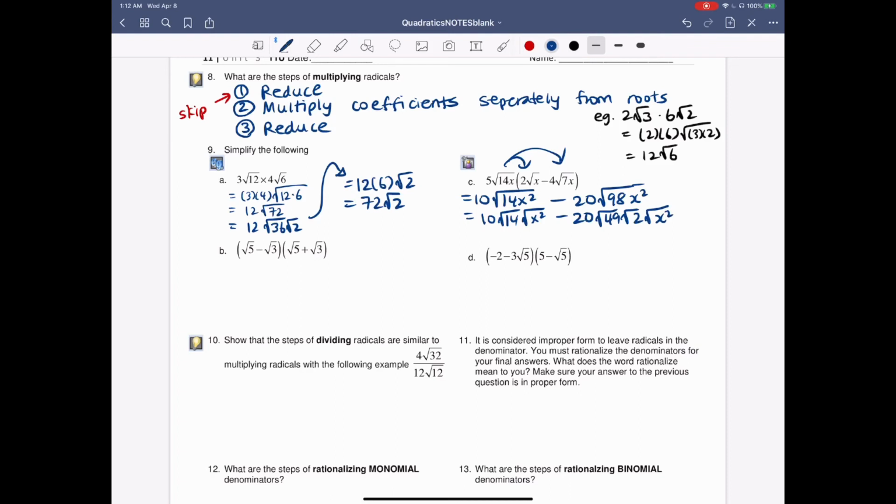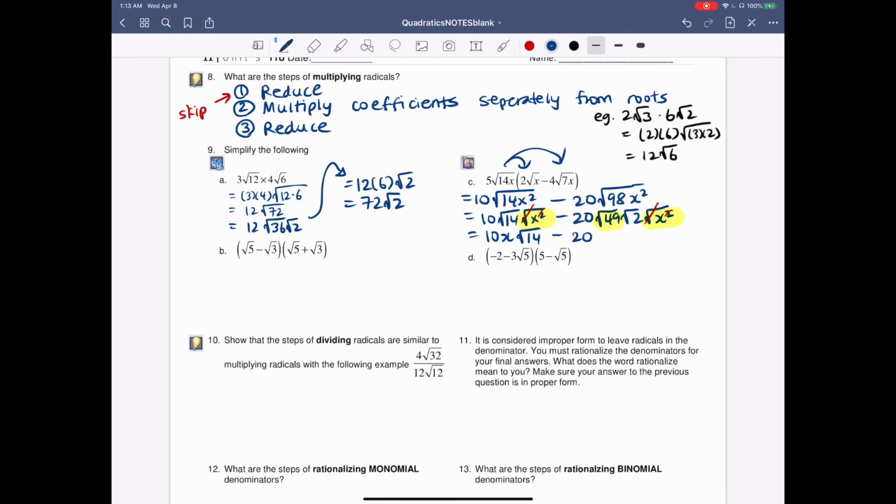So keep in mind which parts stay and which parts don't. What I mean is, that's going to simplify. I should be using the word simplify, not go away. So square root of x squared is x, because those parts cancel out, right? And so I should put the 10, the x goes at the front, along with the square root of 14.